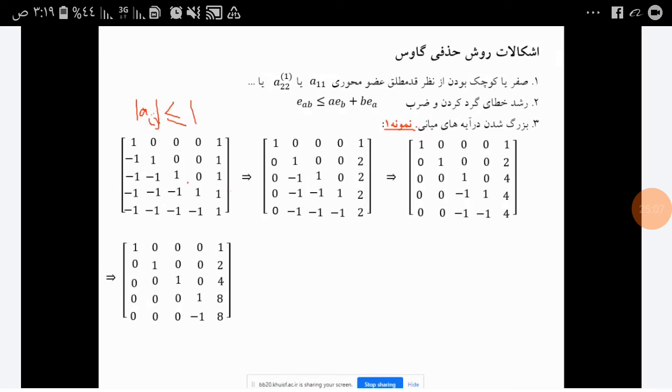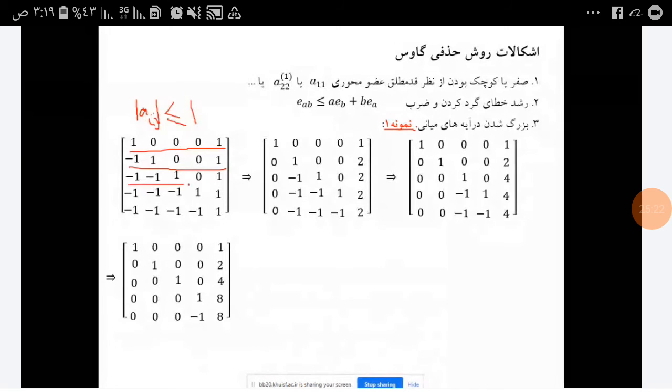So we couldn't get help from scaling. The maximum of entries here is 1, the maximum of entries here is 1, and all of these entries have the number 1. So in this example, we couldn't find any help in scaling. Okay?